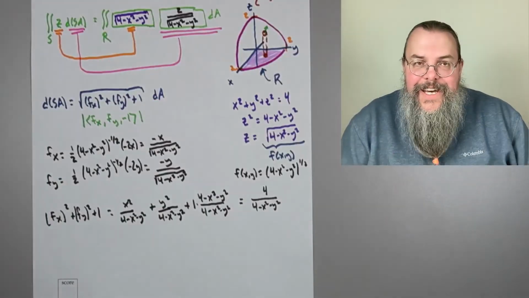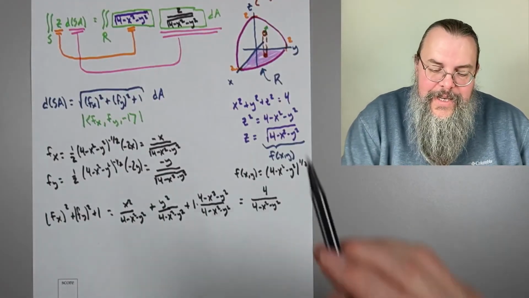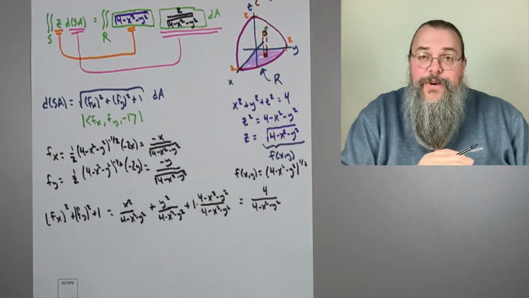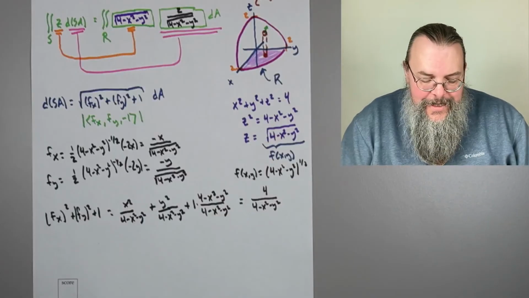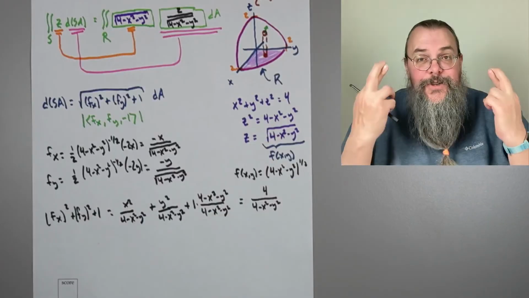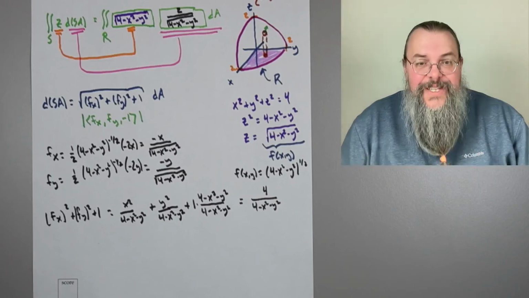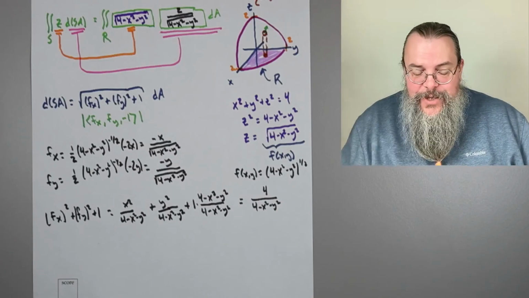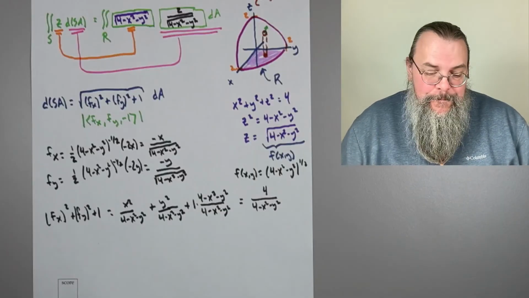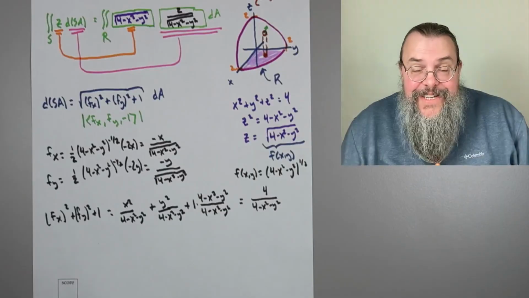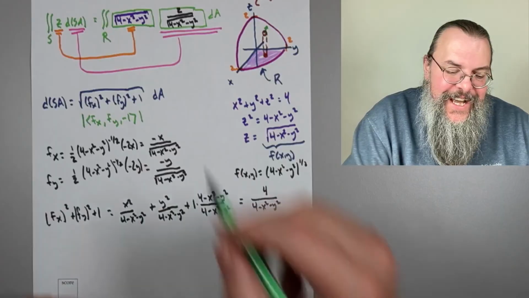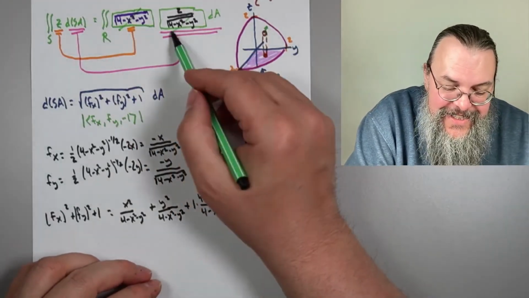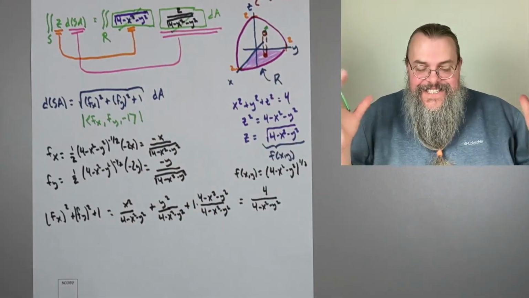Okay, so that's the integral we need to do in terms of this region. We've put everything in terms of x and y. Now, fingers crossed, this simplifies. And it does. Whew. Okay, in particular, what do you see? The parts that are stressing us out cancel. Nice.